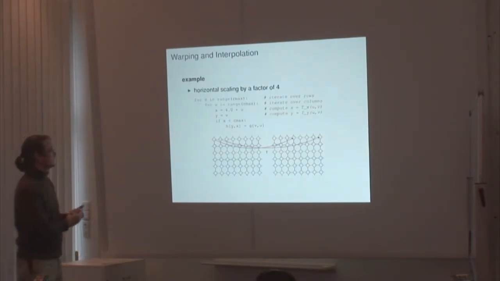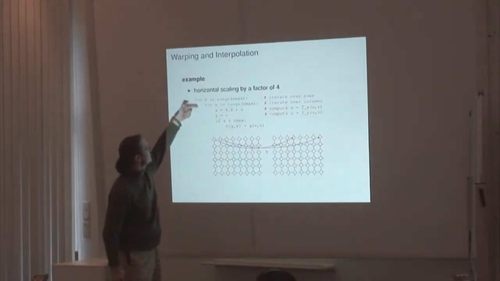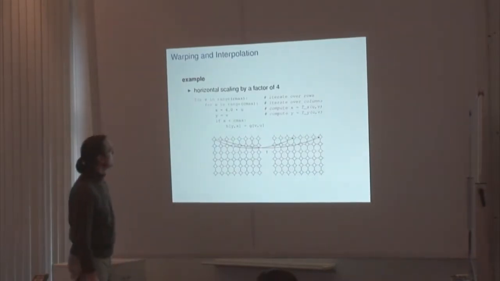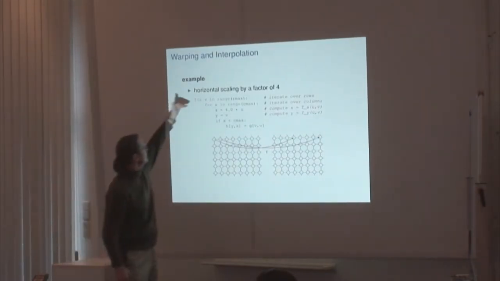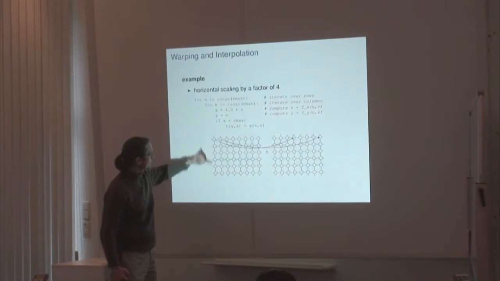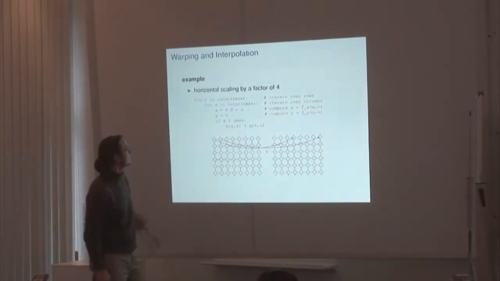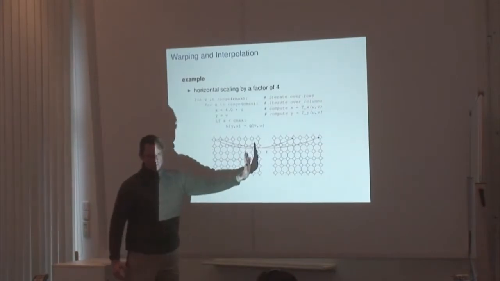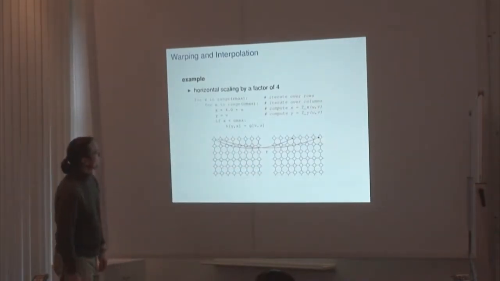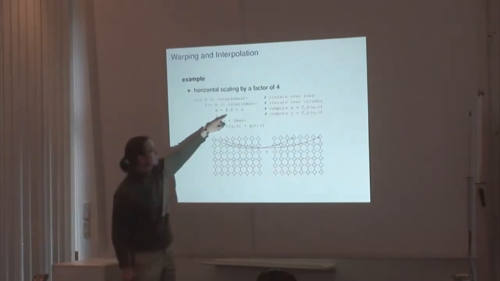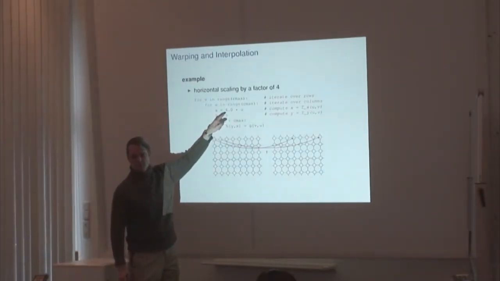Here you can see the two for loops. Apparently, the outer one iterates over all the rows, R max, the maximum number of rows. The inner one iterates over all the columns. The warp I am computing here is just a scaling, so this is indeed a linear transformation.